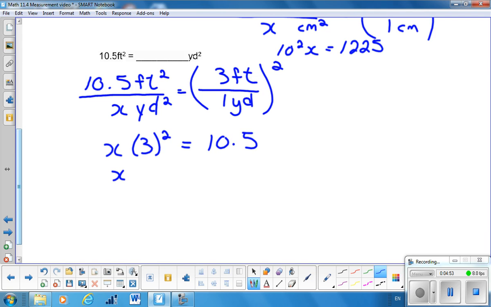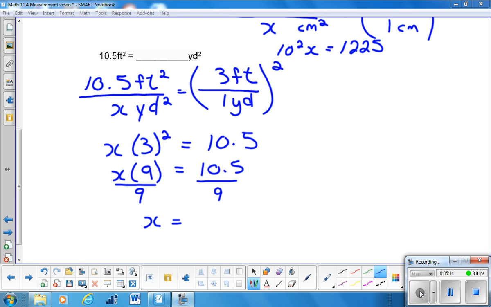This is x times 9 equals 10.5. And if we divide both sides by 9, we end up with x being equal to 1.17 square yards.